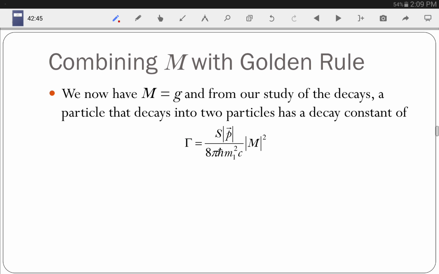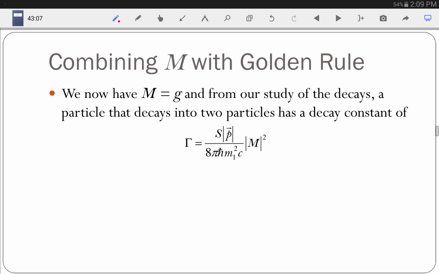Is that supposed to be script M there? Yeah. Remember when we first introduced it, I said I can't find this character on the computer, so I'm just using an M. So this is like equation 6.35. For a single particle decaying into two particles, this was the equation.